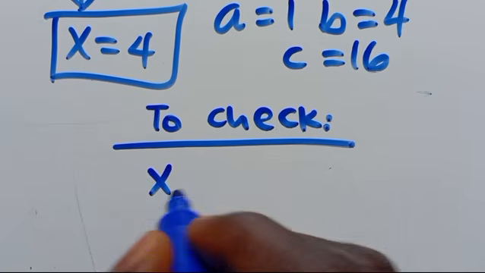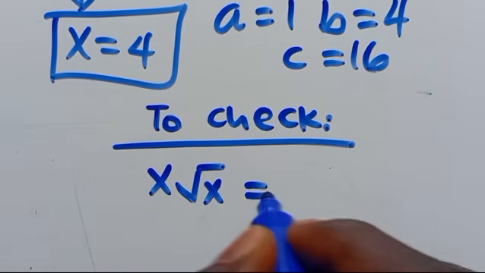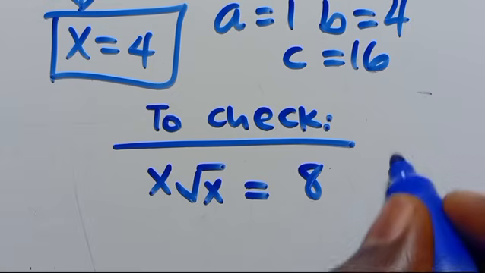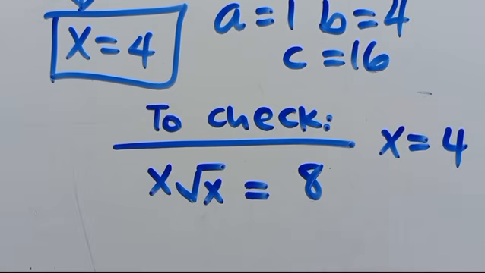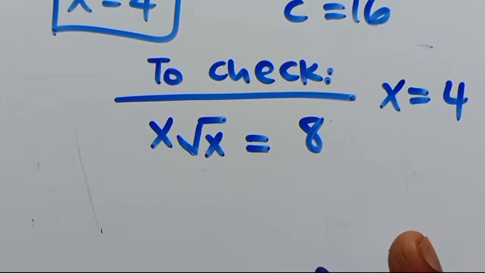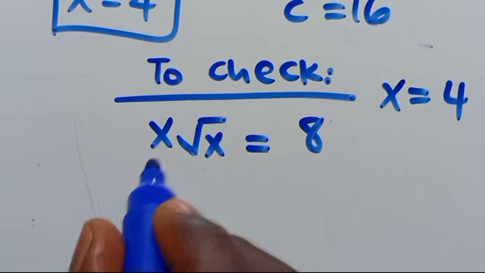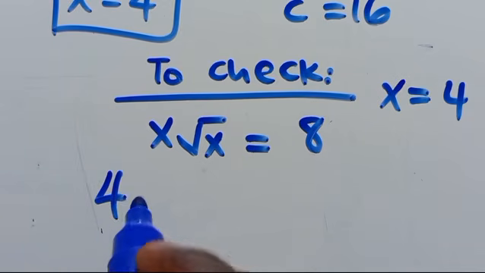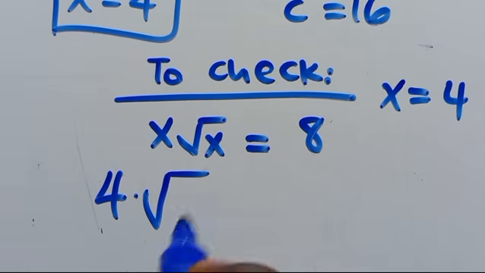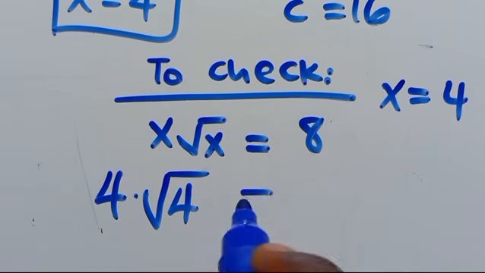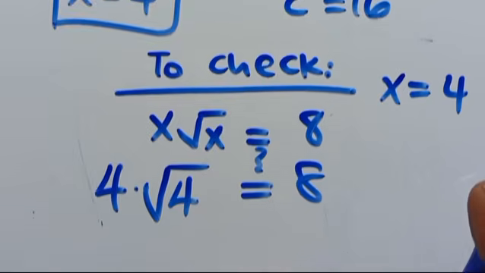We are given x times root x equals 8. Then we have first x to be 4. So from here, this will be 4 times root 4, so going to give us 8.